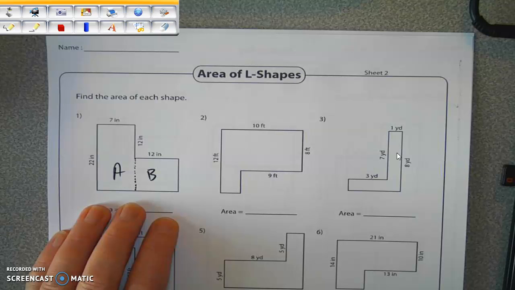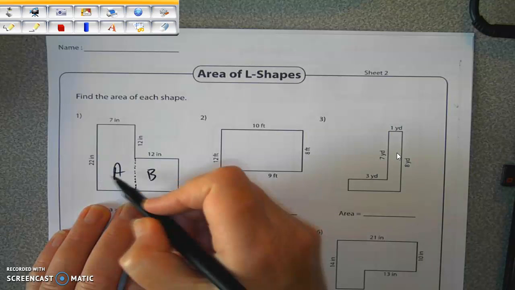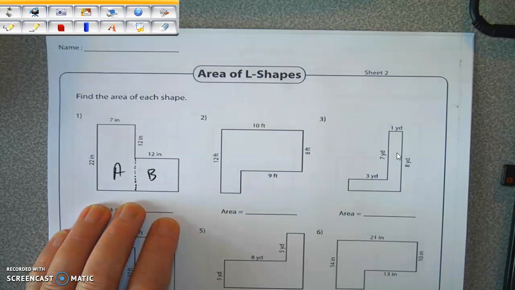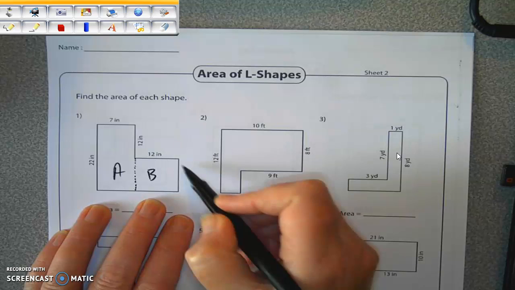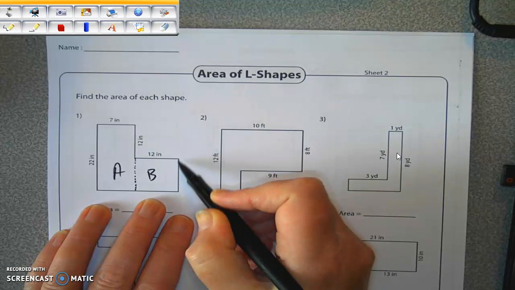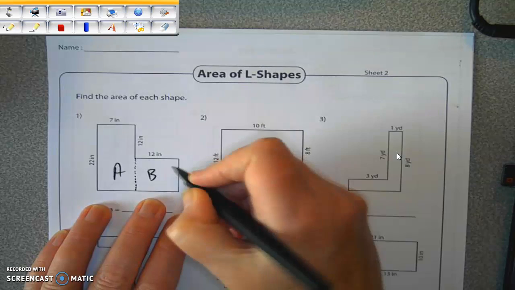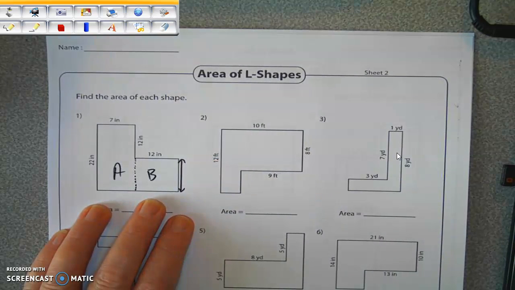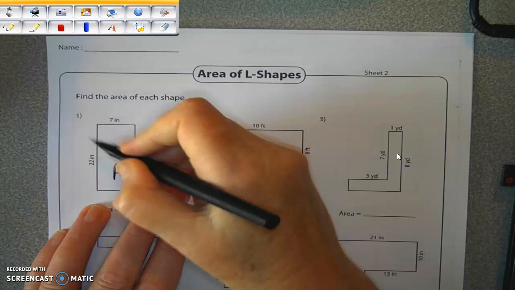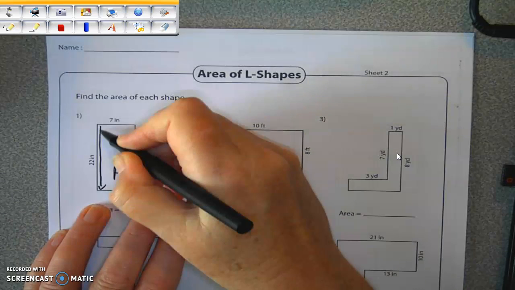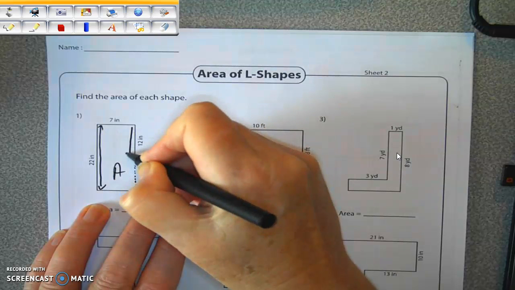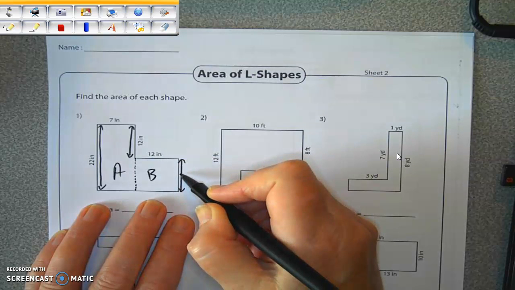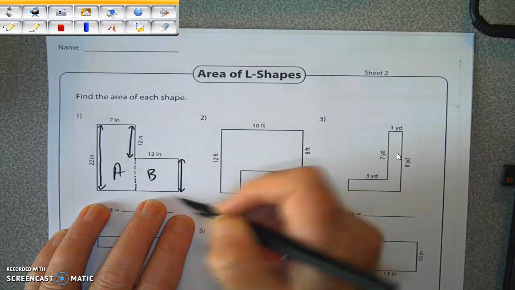So let's see, what do we need to know? For A, we've got 22 and we've got 7, so we're all right. We can work out A. But for B, we've got 12, but we don't have this. So we have to work out what this width is right here. And that can be worked out by looking at the 22 and the 12. So 12 plus this guy must equal 22.